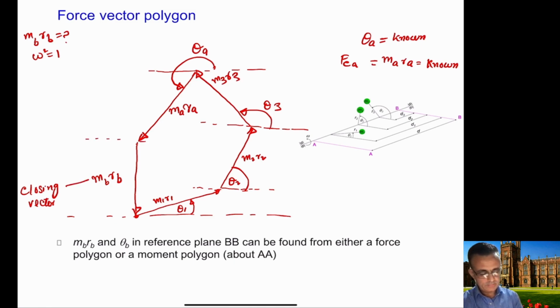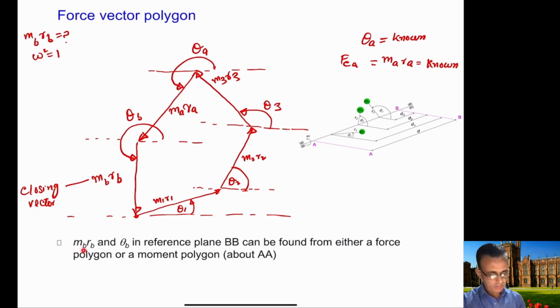So the magnitude you can calculate from this length here, and obviously this is a graphical procedure. So you will just measure the length of this vector, and the direction you will obtain using some protractor here. So this is our theta b. So if you calculate MBRB and theta b, this is what we want to calculate.